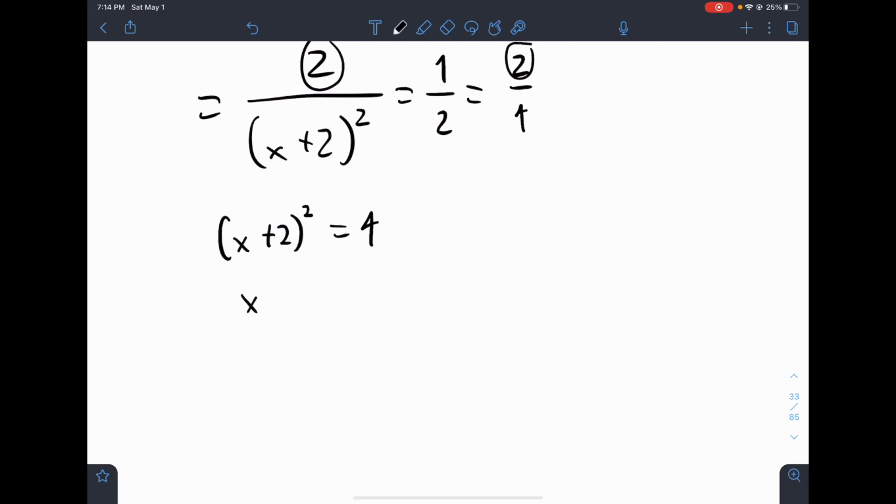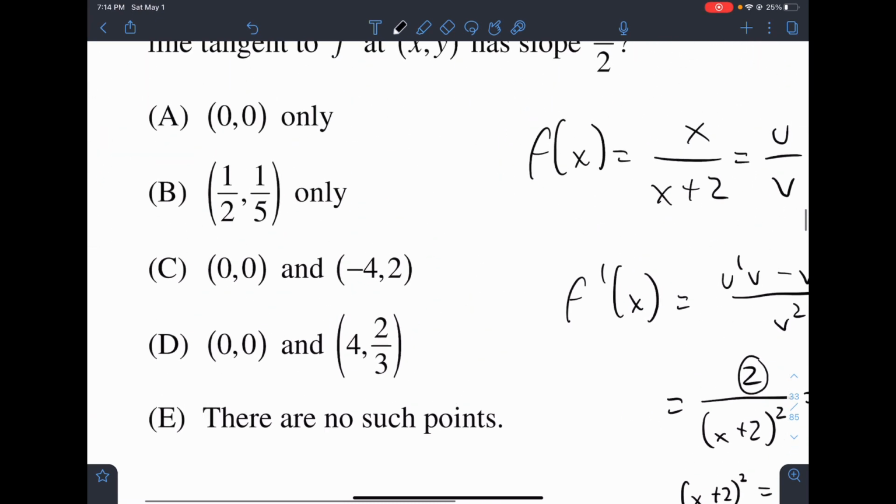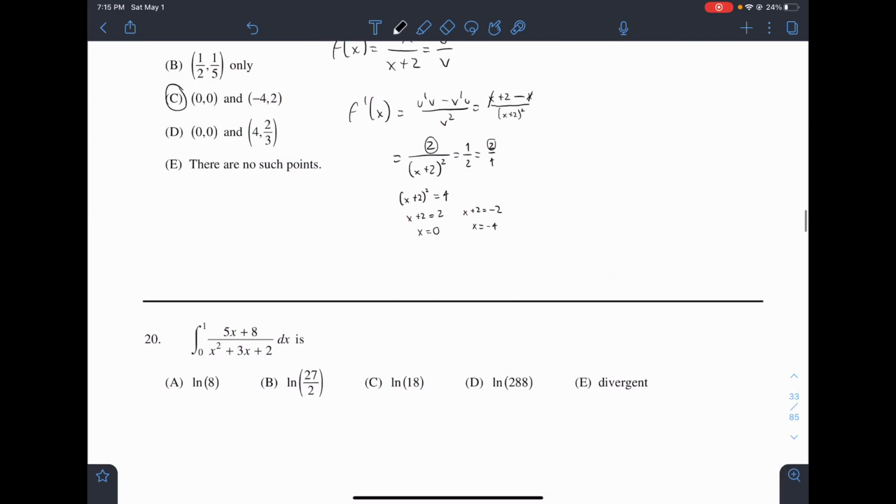So x plus 2, so I'm going to split this into 2 equations. So this equals either 2 or x plus 2 equals minus 2. And this will give us 2 different results. So for this one, it'll give us x equals 0. But for this one, it's going to give us x equals negative 4. So it could be either of these. And so that's going to make C our answer, since it has 0 and negative 4 in the answer.